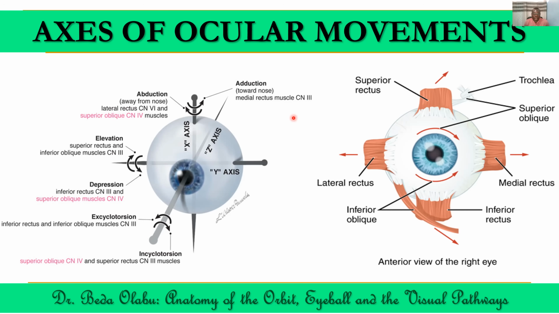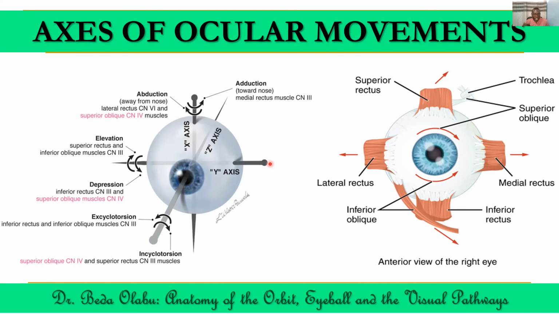Just imagine your eye. There are three important axes of movement of the eye. The first one, let's describe this one, is the transverse axis, or what is written here as the y-axis. So the transverse axis is through like that, right to left.